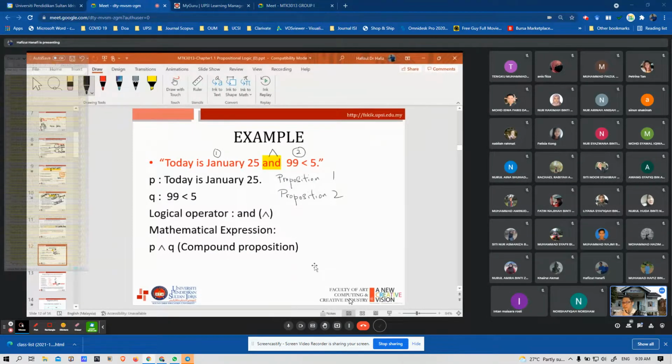We have proposition 1 and proposition 2, and then the logical operator, and then we have the expression, a mathematical expression, which is compound, because we want to combine proposition 1 and 2.